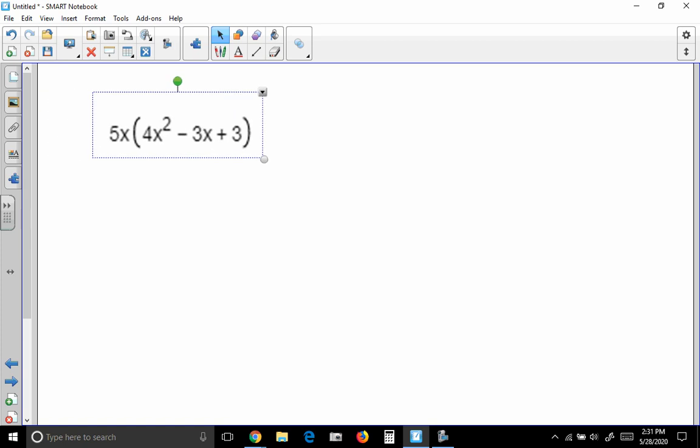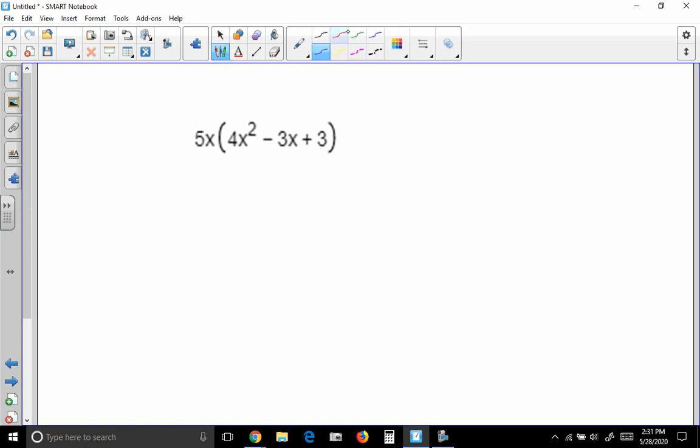It's just another distributing problem. Notice we have a trinomial here, and we're distributing 5x. Out front we have one term because there's nothing added to the 5x, so all of that is one term.